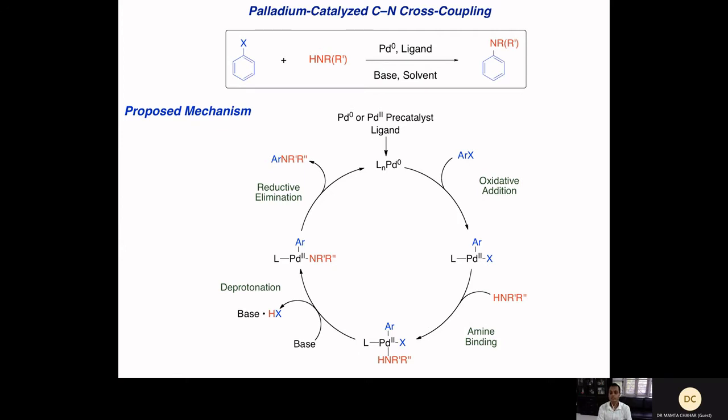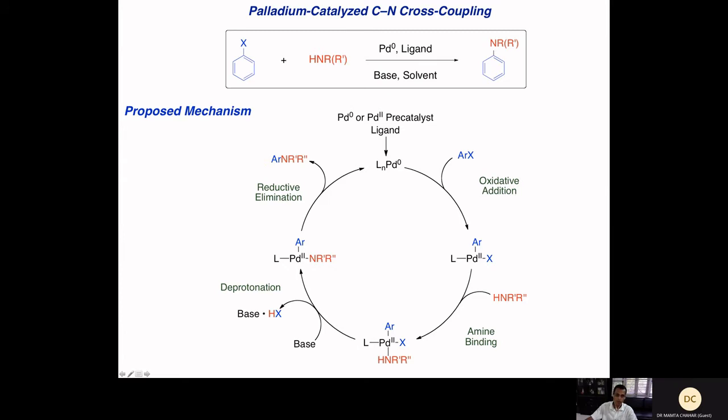So if you want to synthesize a secondary amine with an aryl ring, these are the method of choice, where you have the opportunity to start with a primary amine to get an aryl amine with the secondary amine scaffold. If you are starting with a secondary amine, you will be able to get a tertiary aryl amine.